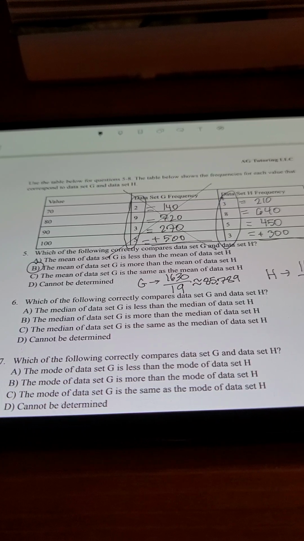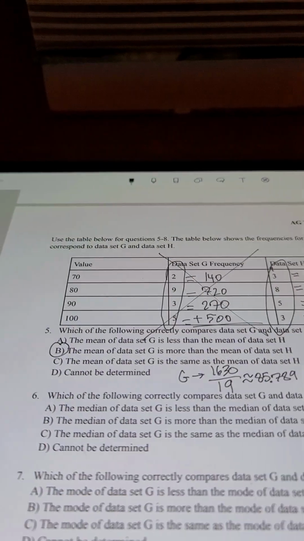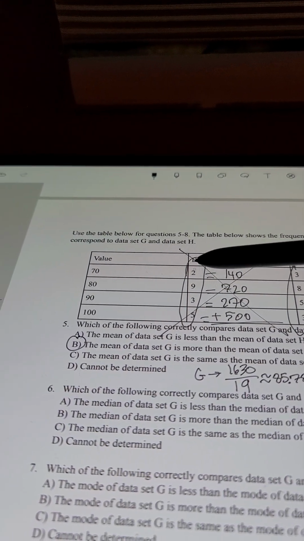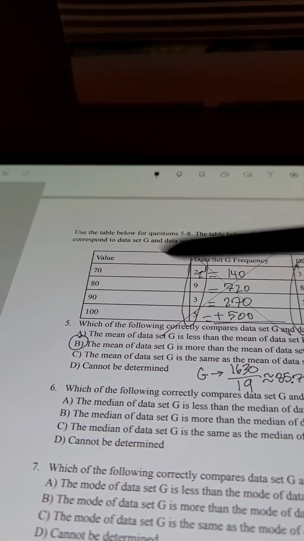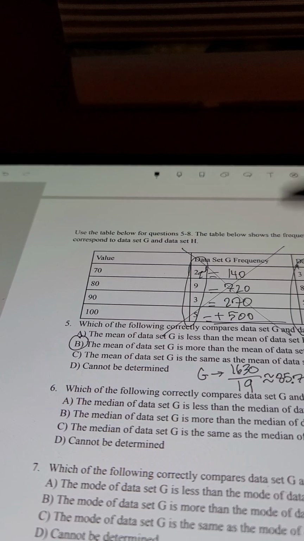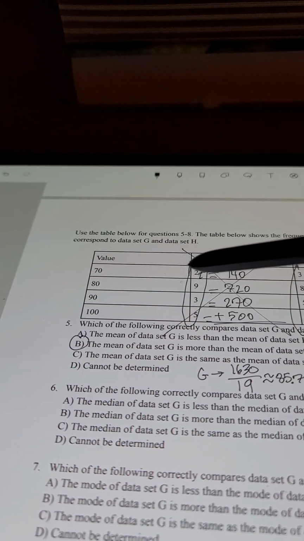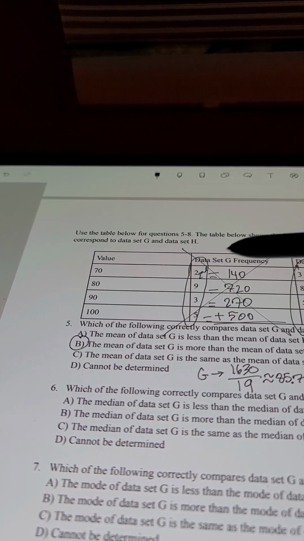So we're looking for the 10th number in our list for each of these because they both have 19 data points. If I want to get to the second number, this would take me to my second number because it would be 70 and 70 again in the list. 9 being the frequency for G means I have 9 80s, like I'm writing 80 nine different times in my list.